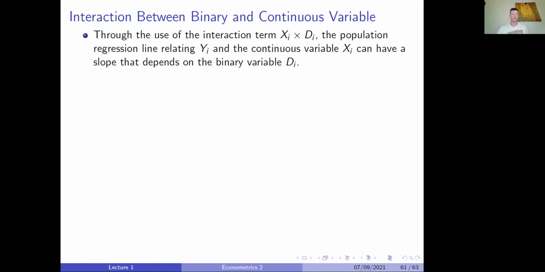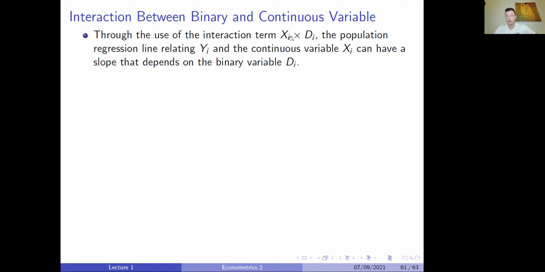So now we can do the interaction between a binary and a continuous variable. Suppose that instead of a high or low student-teacher ratio, we want to use the usual continuous variable of the student-teacher ratio. That's going to be X, and D would represent this binary variable: either we have a lot of immigrant students or a small share of them.